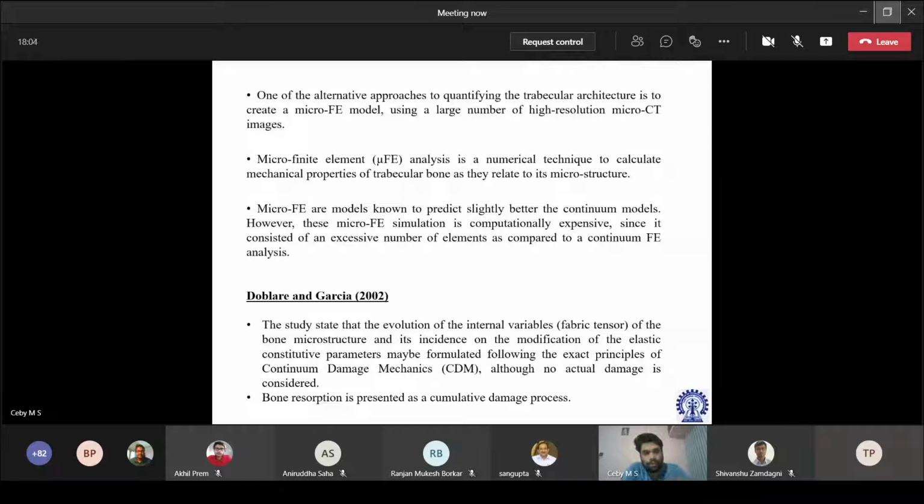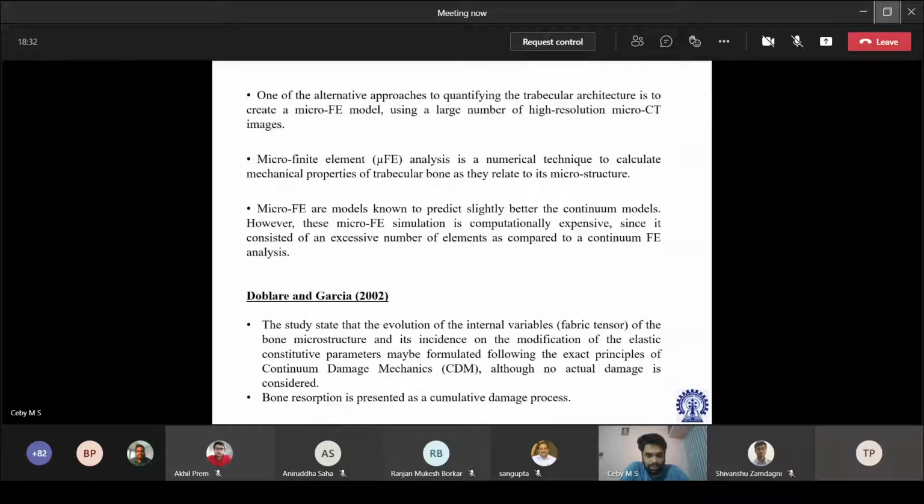Okay, and you study that particular CT scan data, and you put the continuum techniques into it in order to get the elastic tensor. So there is a lot of research which has gone into this micro FE analysis, but due to the time constraint I can't actually go deeper into it.